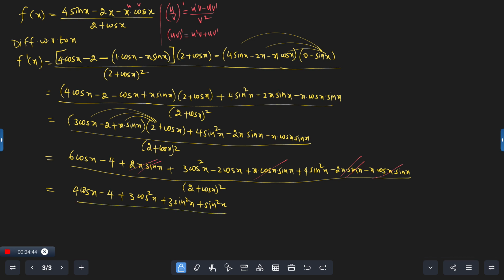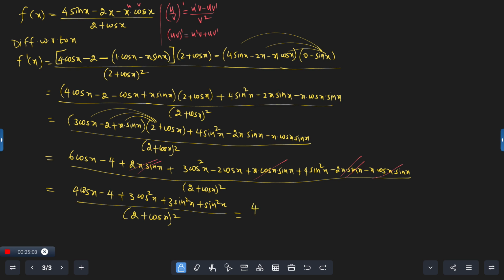So the denominator, what we have? 2 plus cos x whole square. Now see, in this, both 3 if you take outside, cos square plus sin square, it will be 1. So that 4 cos x. From these two you take 4 outside. 4 outside.